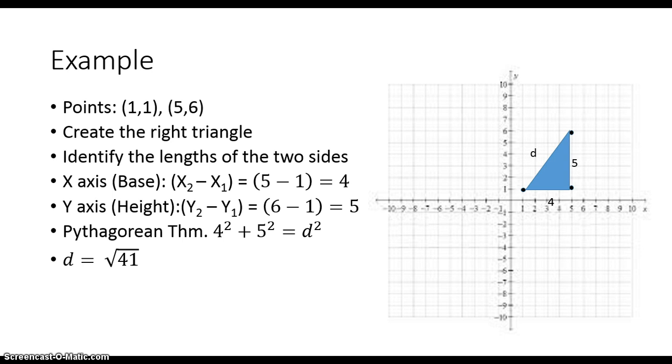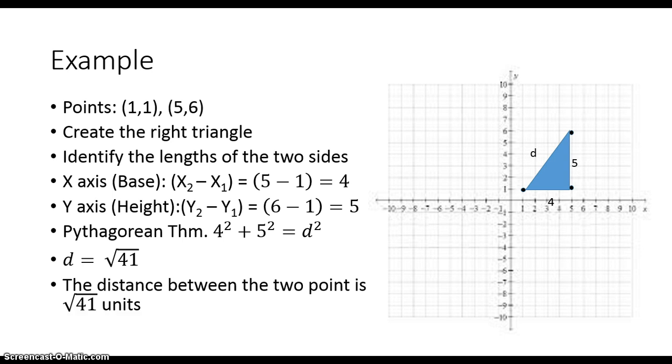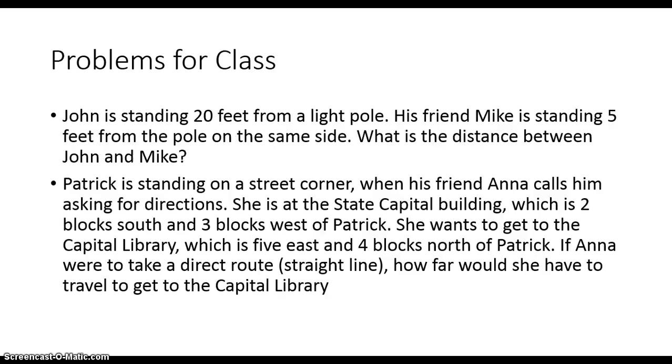If I add 4 squared and 5 squared together, I get 41, and then the square root of both sides will give me the square root of 41. It is important to note that there cannot be a negative answer here because we're talking about distance. And so that is the answer, the square root of 41 units again.